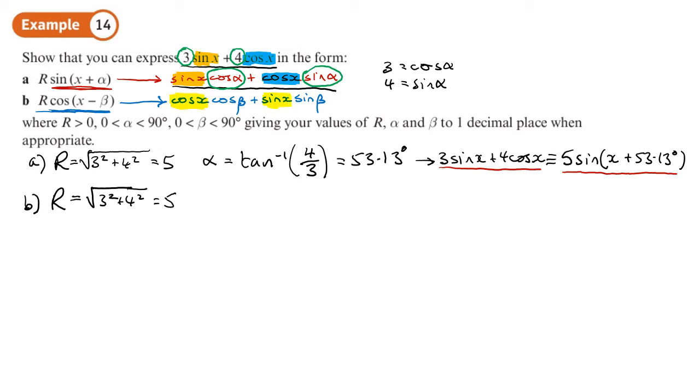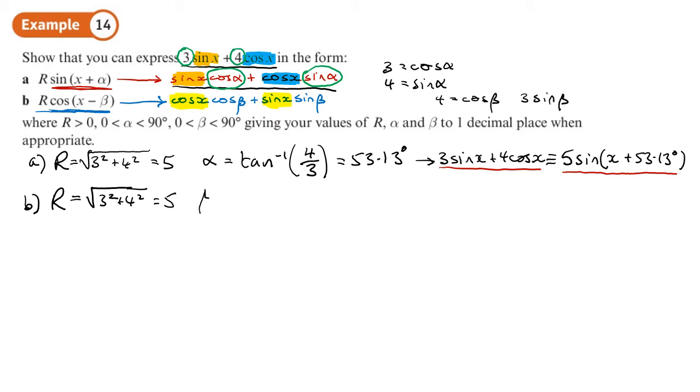The reason why I did that is because I want to match things up. Now, where the cos beta is, what was there before? 4. So where the 4 was, there's a cos beta there. Where the 3 was, there's a sin beta there.